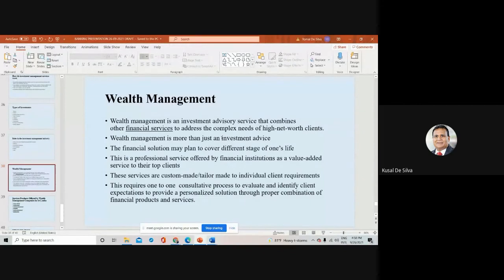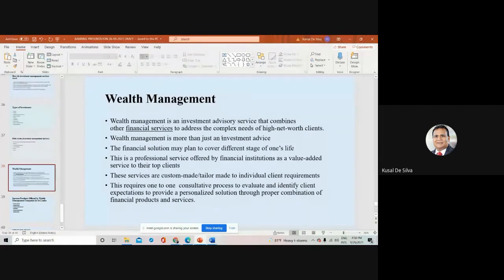This is a professional service offered by financial institutions as a value-added service to their top clients. These services are custom-made, tailor-made to individual client requirements. You don't have one menu for all the customers. So it is a tailor-made solution based on the client's need.